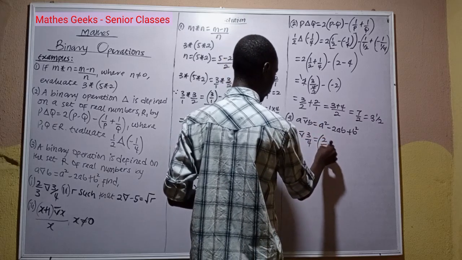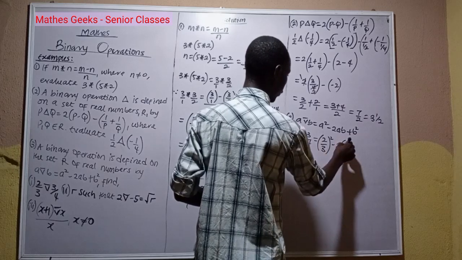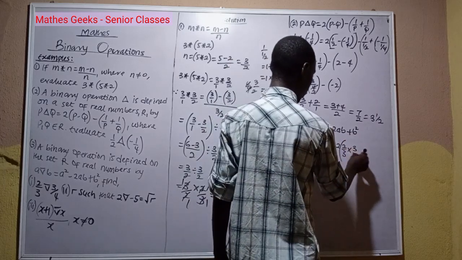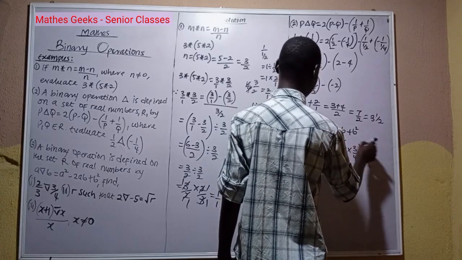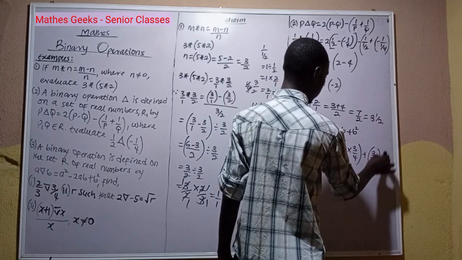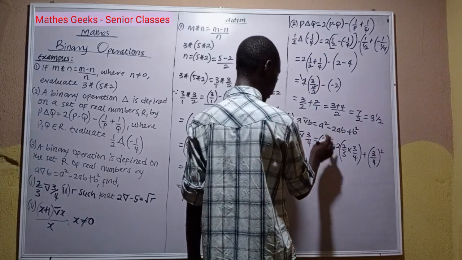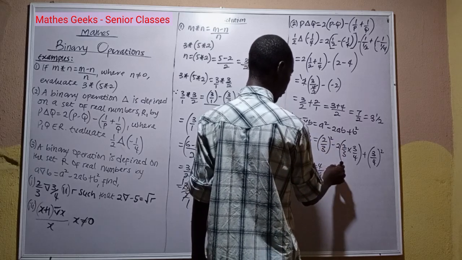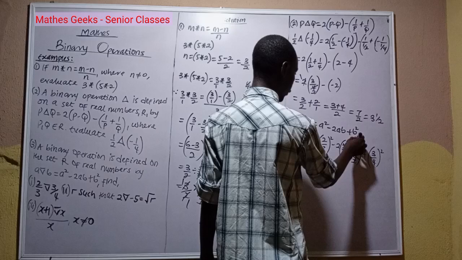So 2 over 3 squared minus 2 times 2 over 3 times 3 over 4 plus 3 over 4 squared. So 2 raised to the power 2 is 4, 3 raised to the power 2 is 9, minus 2 here 1, 2 here 2, 3 here 1, 1.